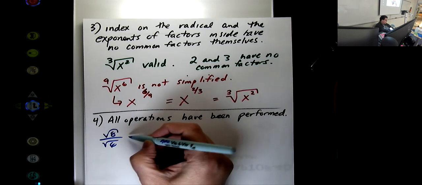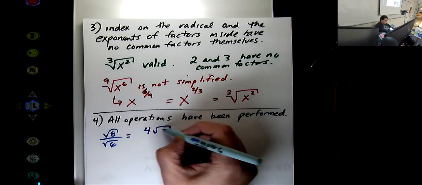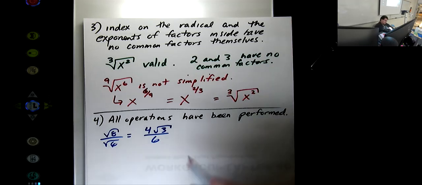Using all the radical rules so far, we got that down to 4 times the square root of 3 over 6. That was using all the radical rules. Now, all operations have been performed means you just have to simplify that more. Simplify further.